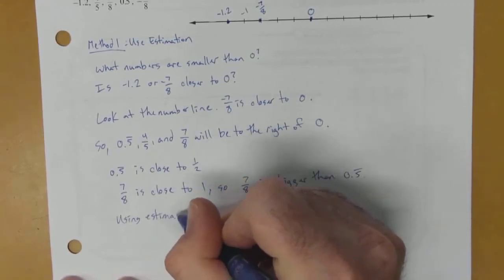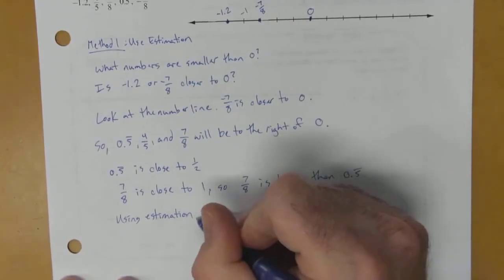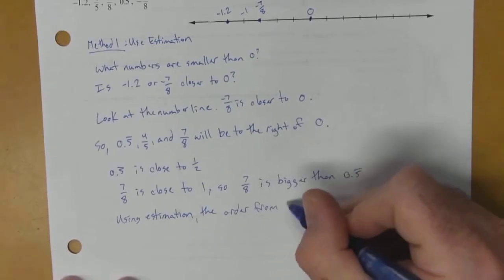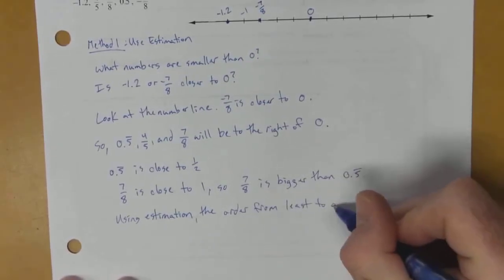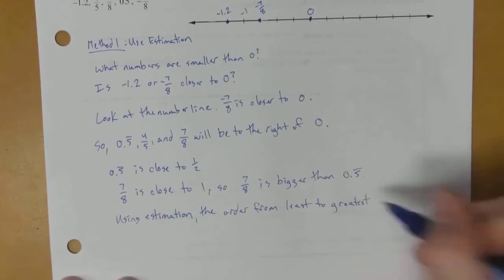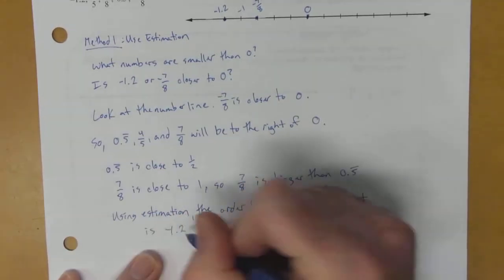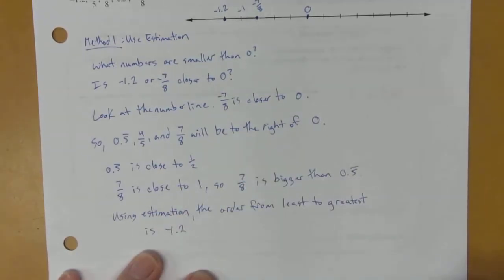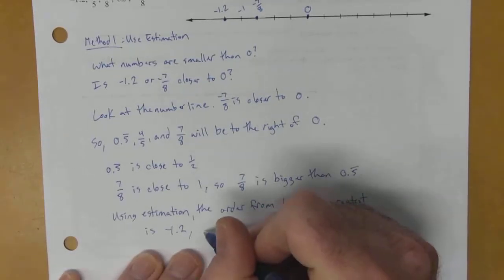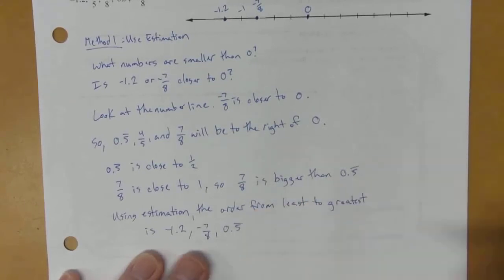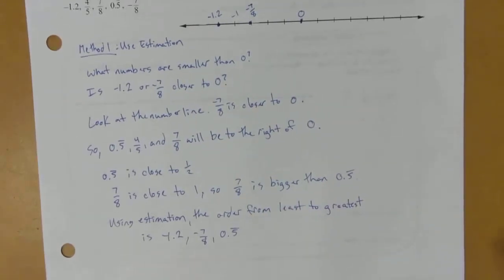Using estimation, the order from least to greatest is -1.2. Oh, we missed 4/5, didn't we? -7/8, 0.5 repeating, 4/5.